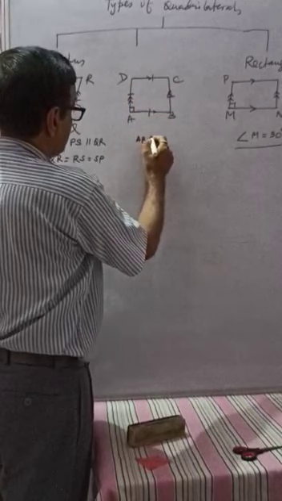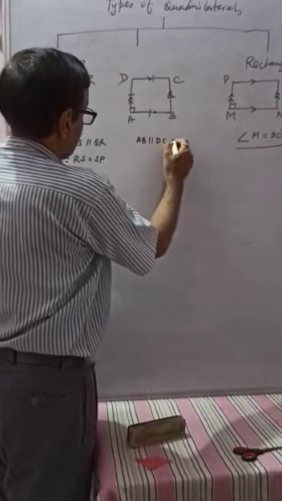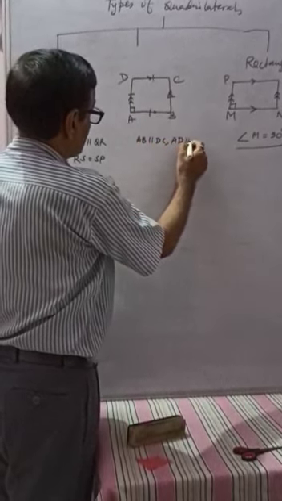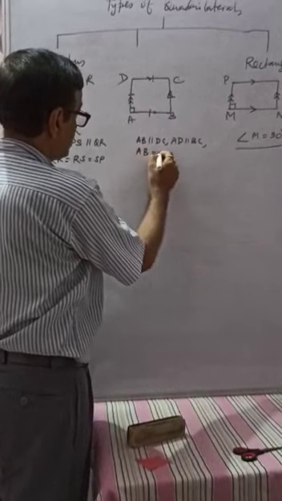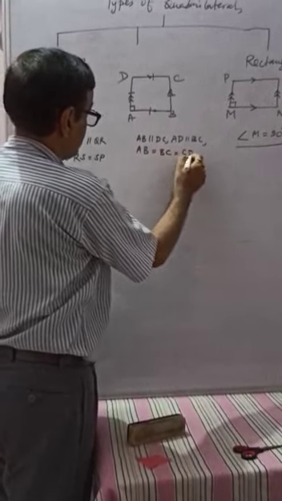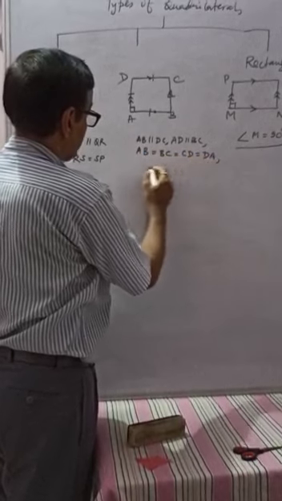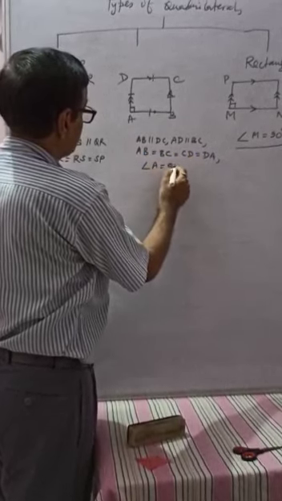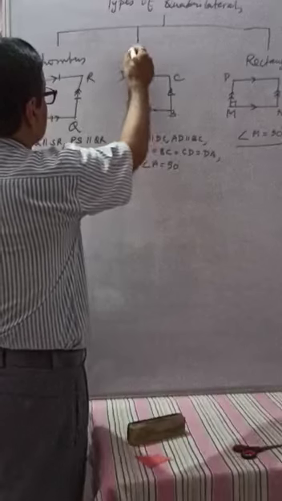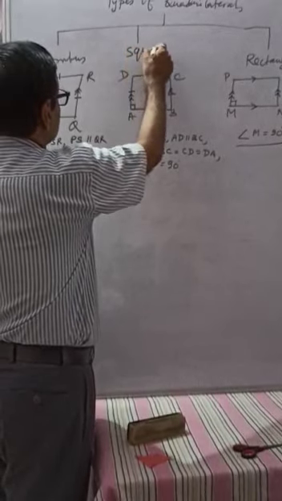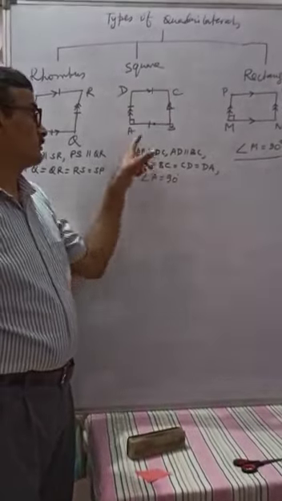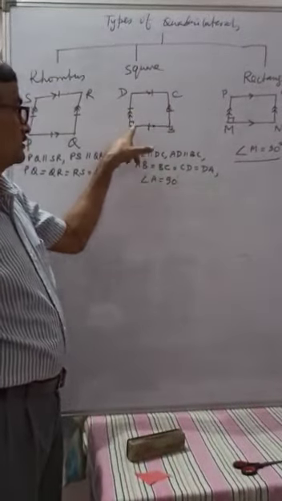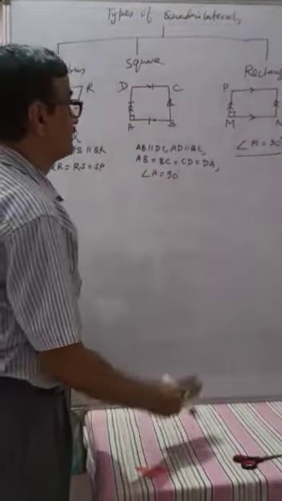So AB parallel to DC and AD parallel to BC, and not only that, all sides are equal, AB, BC, CD, DA all are equal, and not only that, one angle must be 90. So this is called square. So square is a parallelogram in which all sides are equal, and not only that, one angle is 90 degree.